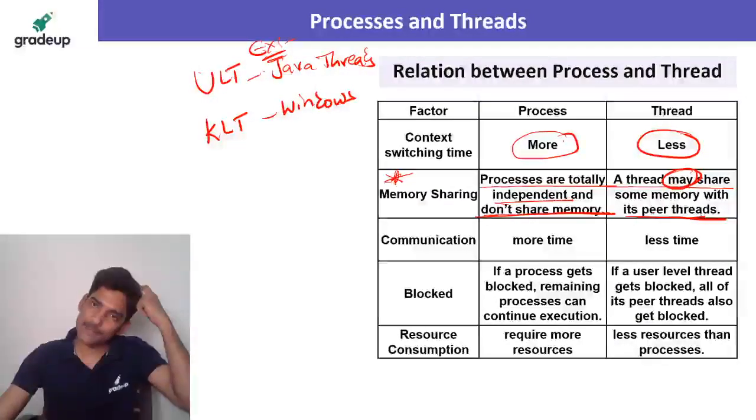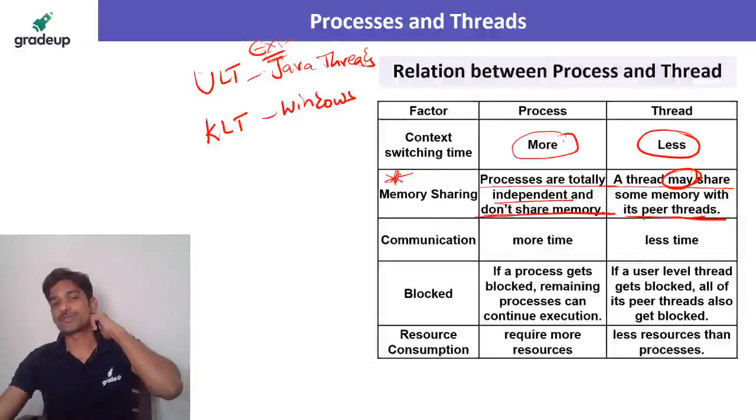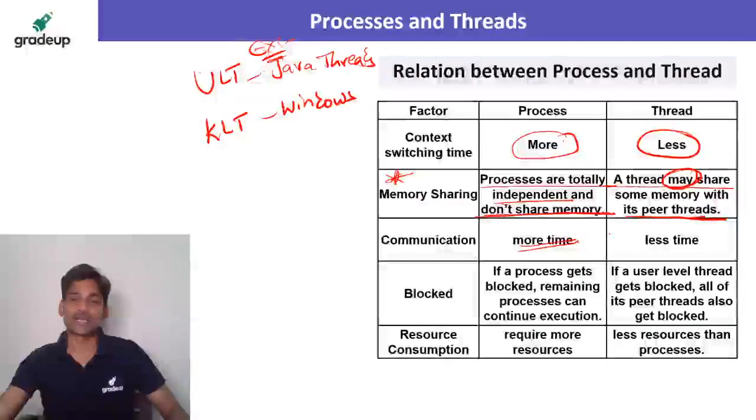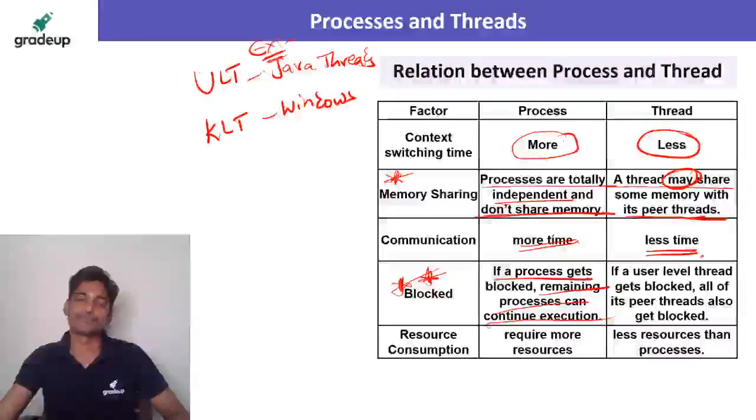So threads may have some common space, but processes will not. And the inter-process communication takes more time compared with inter-thread communication. And if you see blocking, if a process gets blocked, remaining processes can continue execution because they are independent.